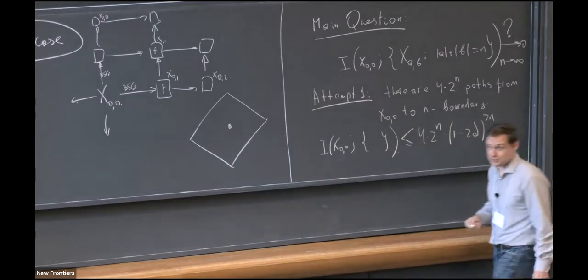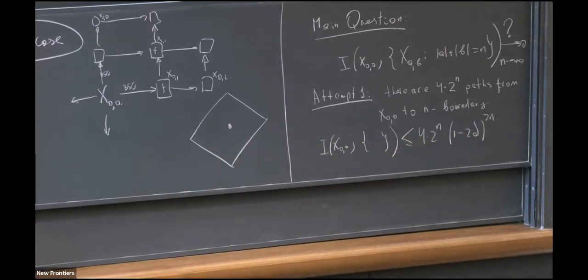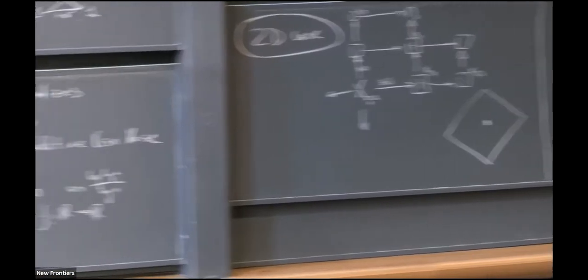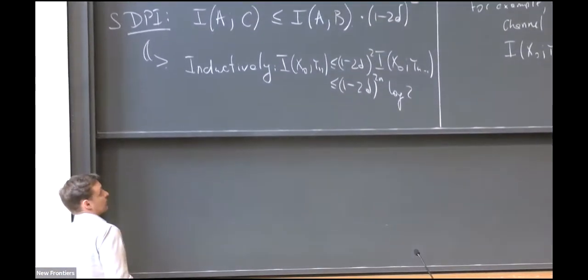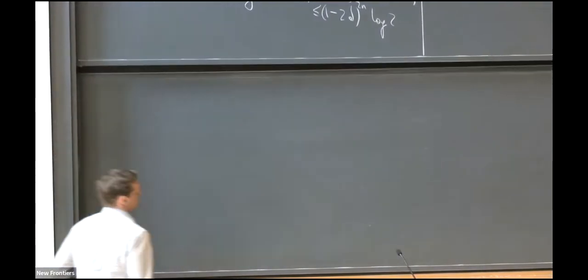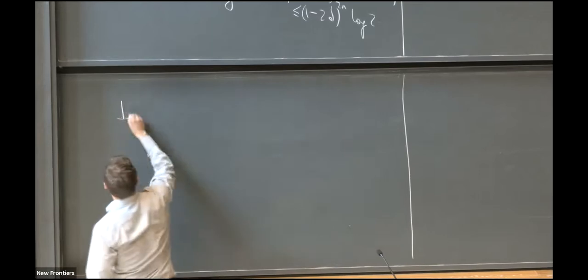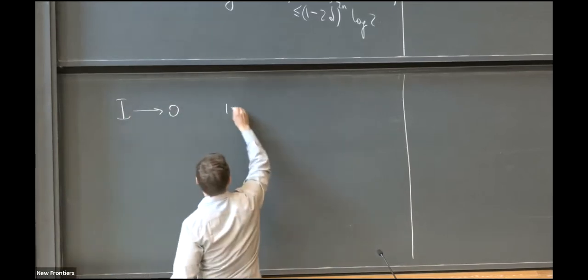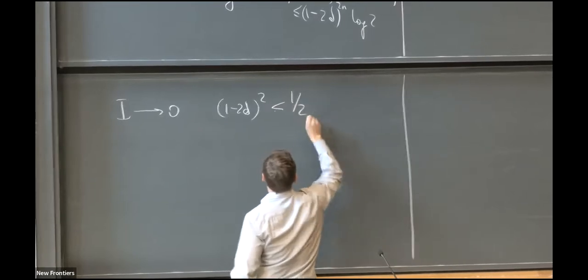So this is the contraction. Okay, so why is this cool? Because you can immediately see that this mutual information, the information wave, dies out if 1 minus 2 delta squared is less than 1/2.